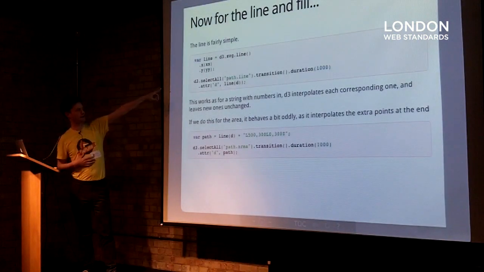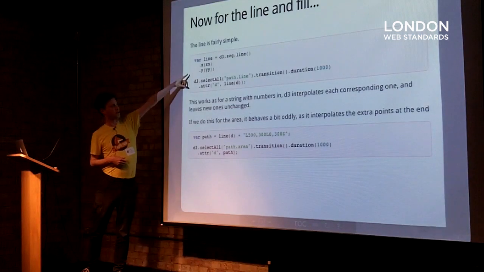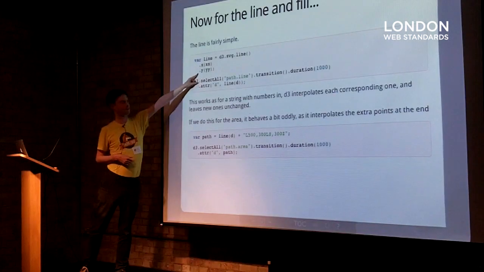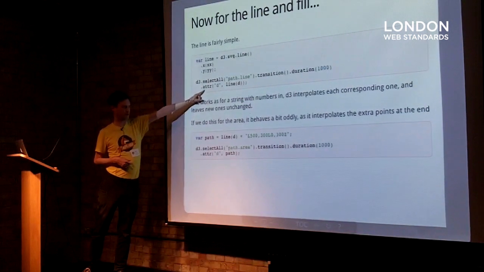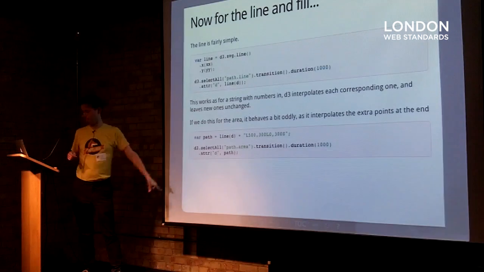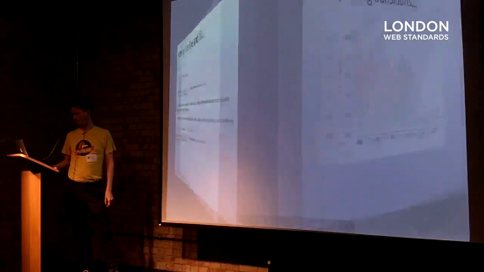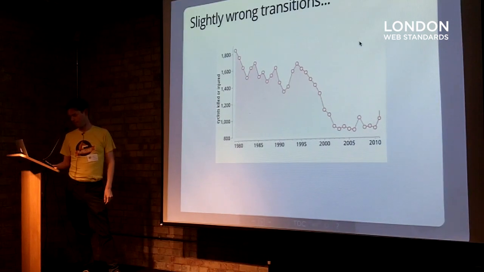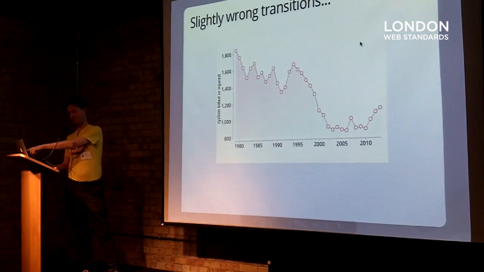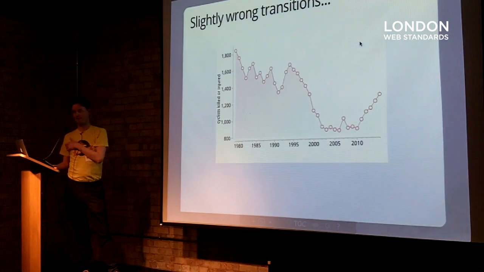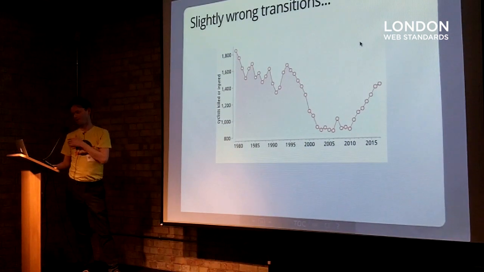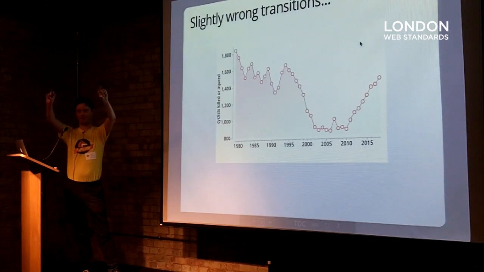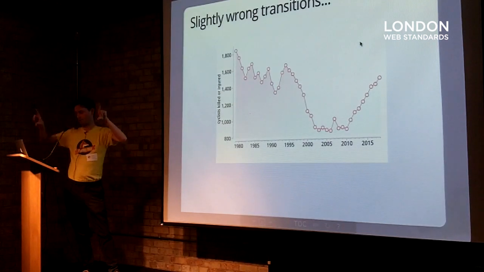For the line and fill, for the line, it's fairly straightforward. We just update the line with our new functions and update that. If we do the same with the path, we'll see that doesn't quite work, but it nearly works. So if you look, the path isn't really updating quite right, because it doesn't actually quite know how to interpolate it, because it looks at the points we had and the new points that we've got.